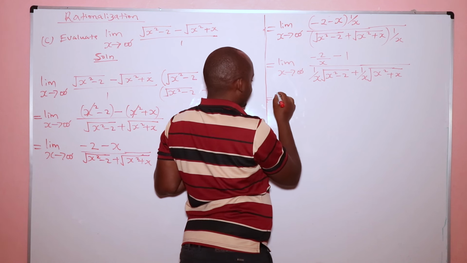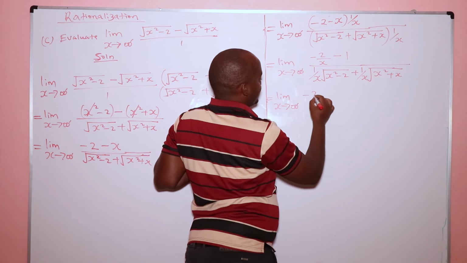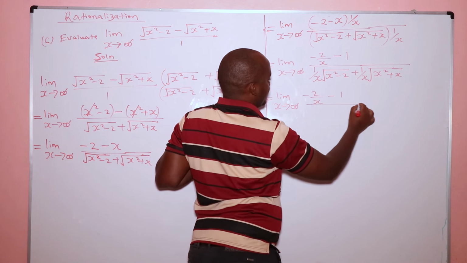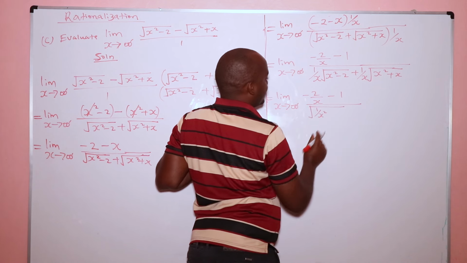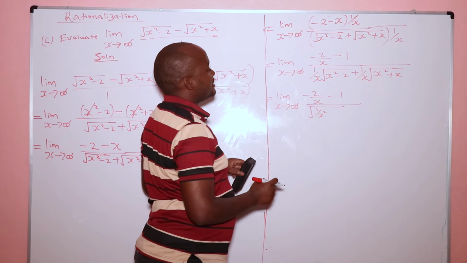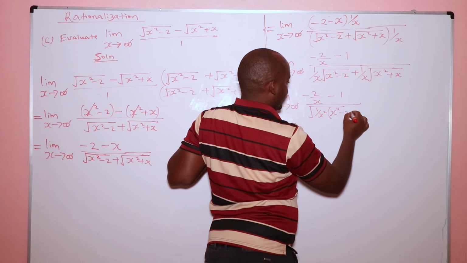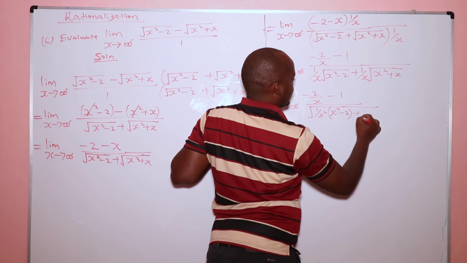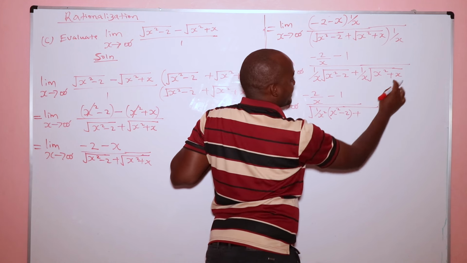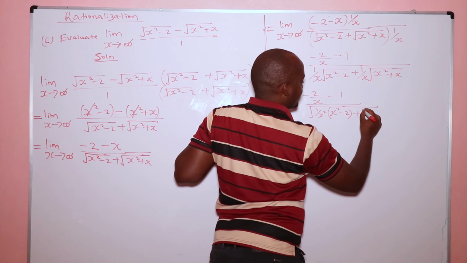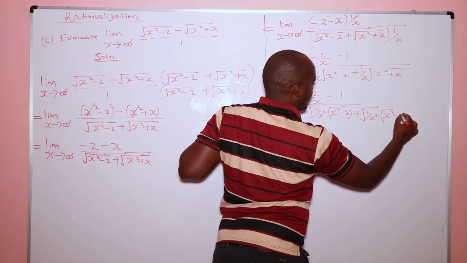Now this will be equal to the limit as x approaches infinity of negative 2 over x minus 1 divided by the square root of 1 over x squared into x squared minus 2, plus, bringing this under the root sign by squaring it and multiplying by this value, the square root of 1 over x squared into x squared plus x.